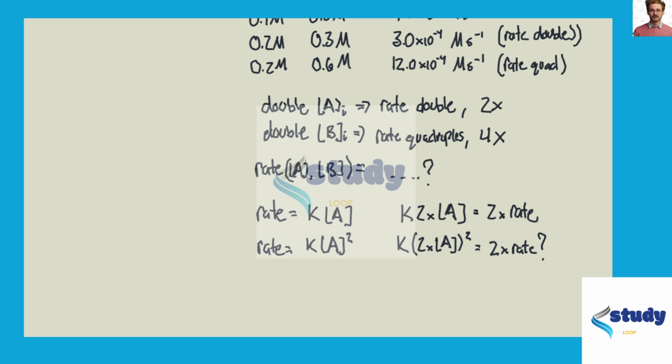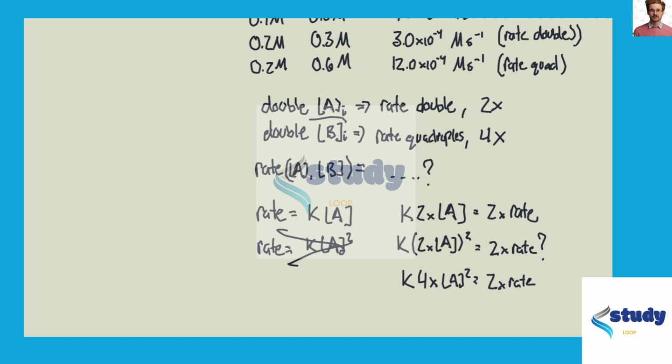Because we know that 2 raised to the power of 2 would give us 4x, right? So if we see that doubling a component doubles the rate, then we know that it is linear in that component and not squared in that component.